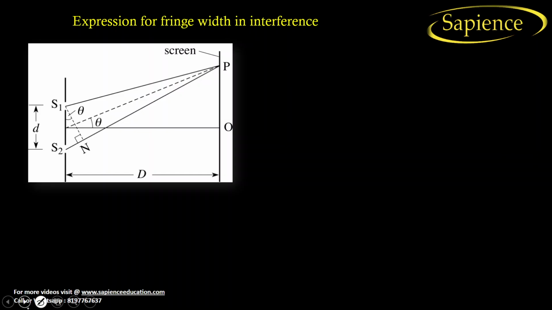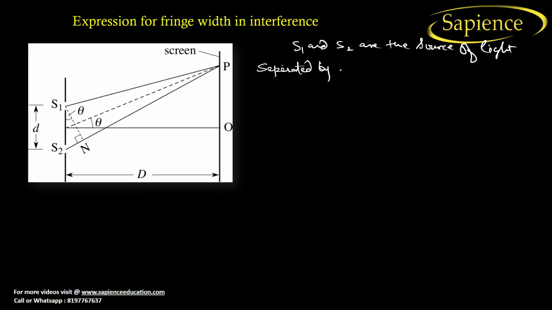So we have seen that S1 and S2 are the sources of light, separated by a distance of small d. So this is the separation.